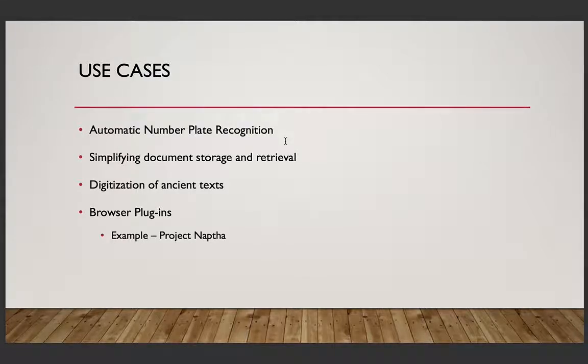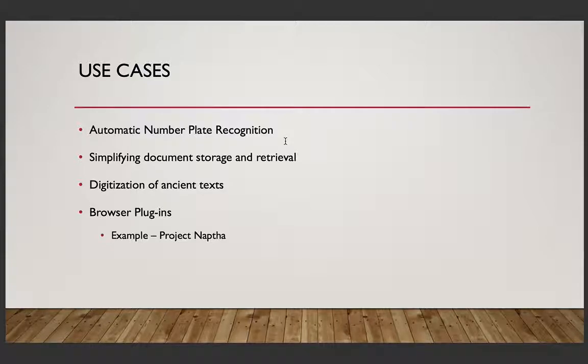But if we are only storing these images because we need the text which is present within them, it would be much more efficient to extract the text part of that image and store it in a much smaller space. That simplifies document storage and retrieval. When we talk about retrieval, we can also implement search and other text capabilities on top of these documents which were not available beforehand.